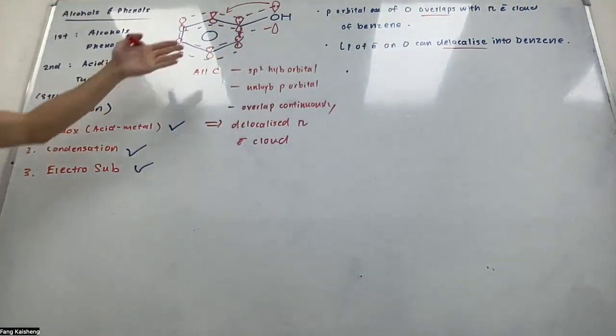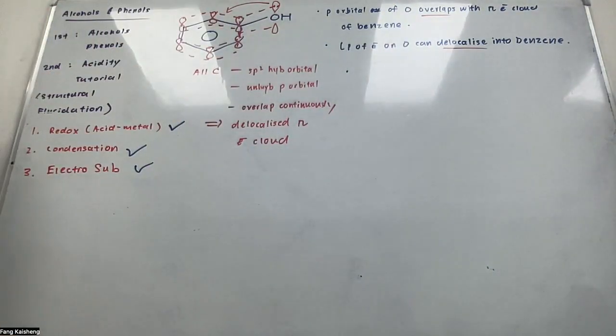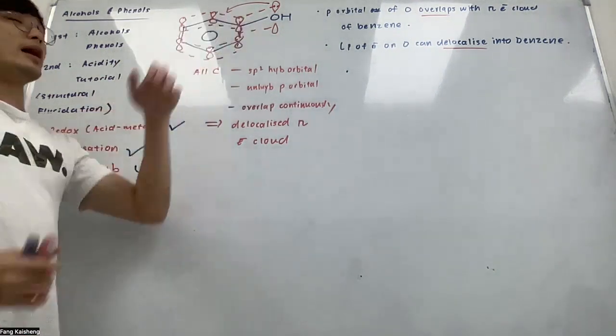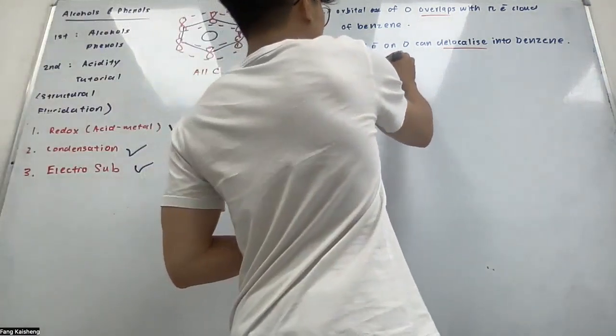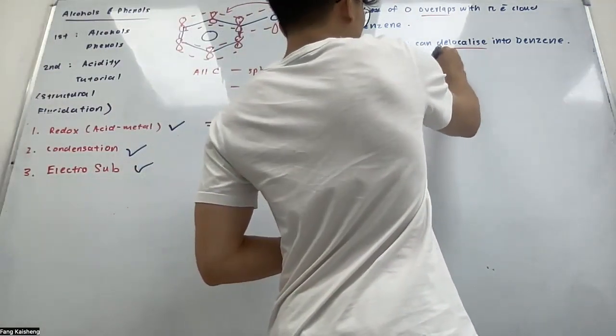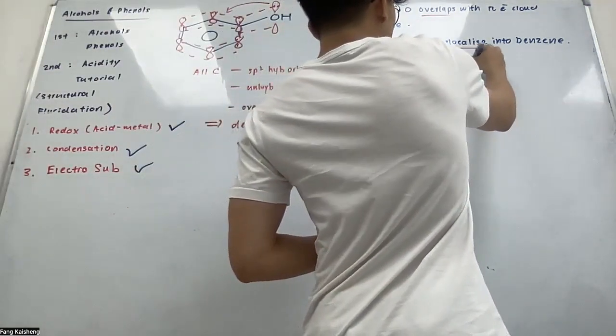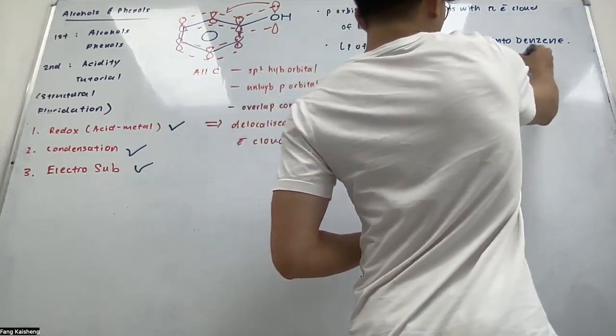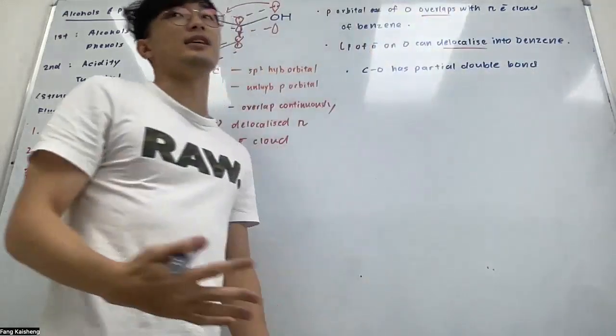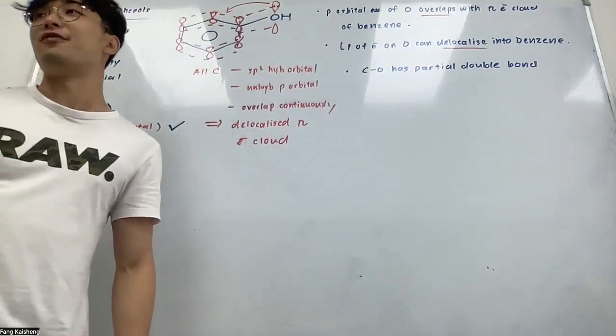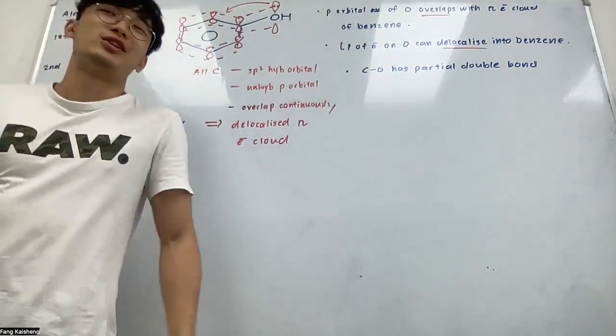I haven't explained why you cannot break that bond, right? Because now what happens to this bond? This bond now has partial double bond character. What's partial double bond? C-O is a single bond, but it is no ordinary single bond. It has the strength of a double bond, but it's not actually a double bond.